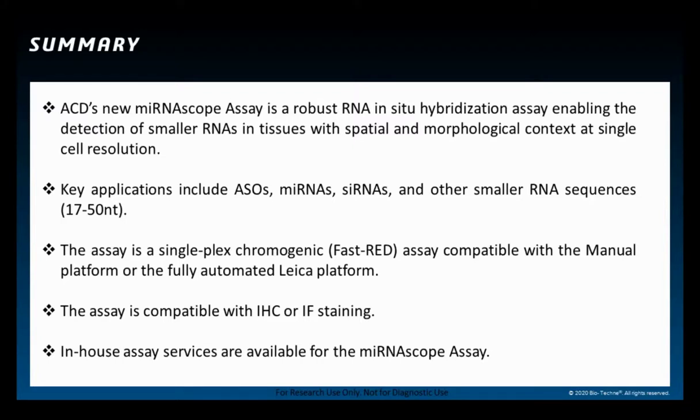The new assay is a single-plex chromogenic fast read assay that is compatible with manual platform or the fully automated Leica platform. The miRNAscope assay is also compatible with IHC or IF staining for the visualization of RNA and protein simultaneously on your tissue.